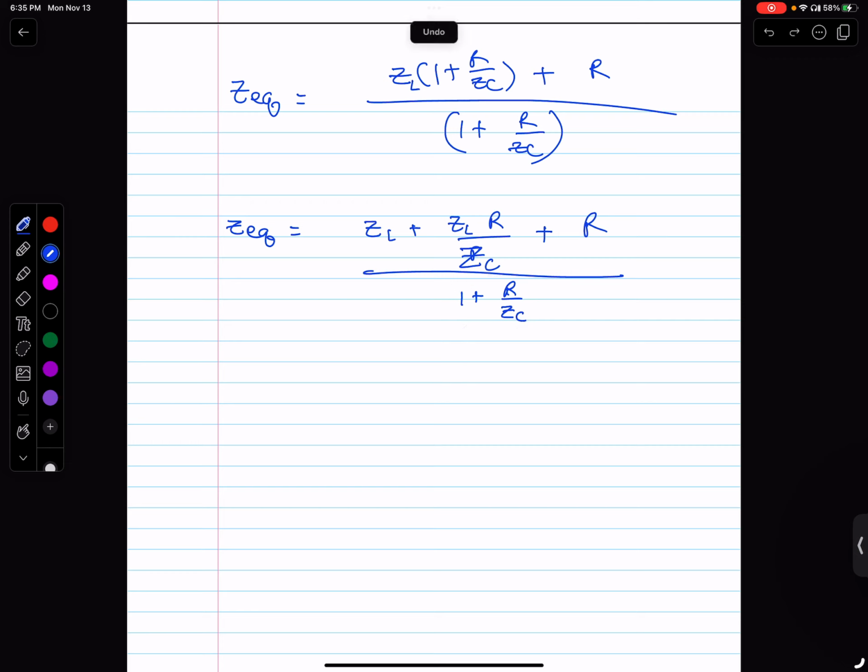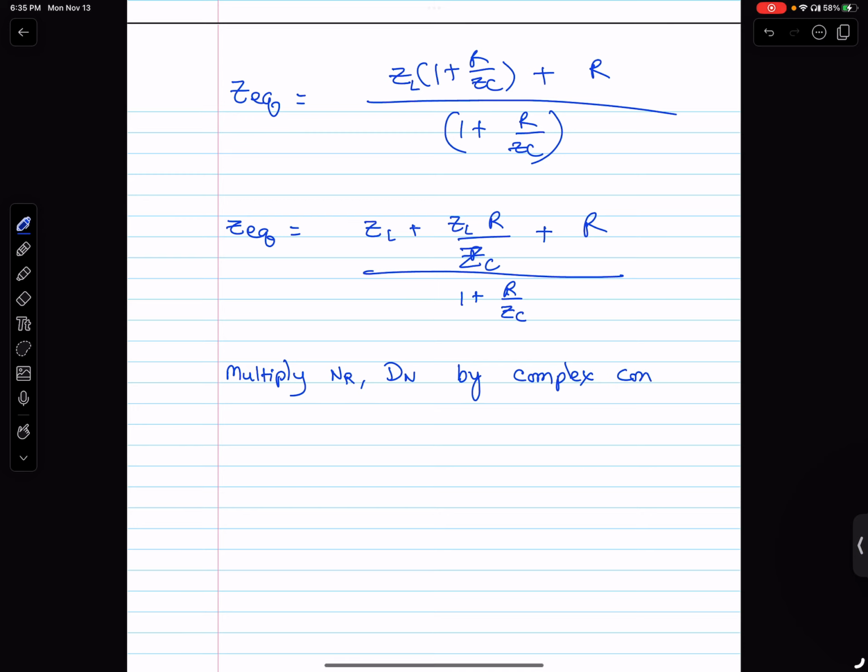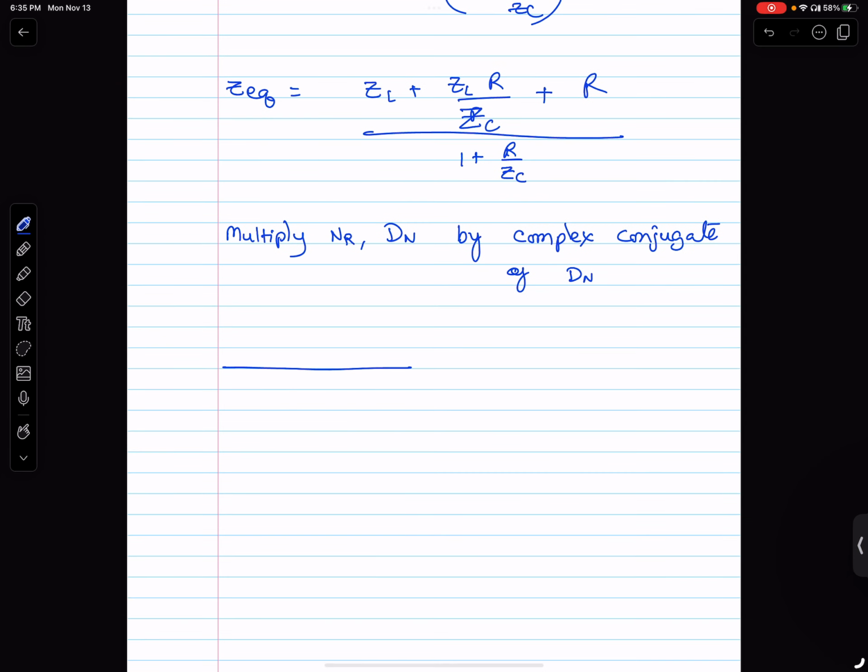So what I do is multiply both the numerator and the denominator by the complex conjugate of the denominator. Okay, so what do I mean by that? I have this guy to begin with, ZL plus ZL times R by ZC plus R, divided by 1 plus R by ZC.